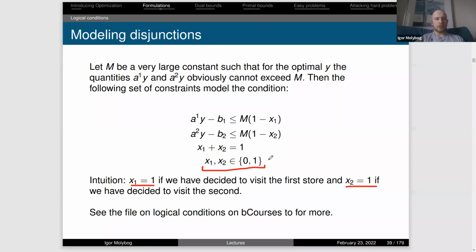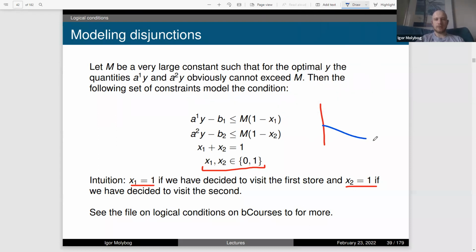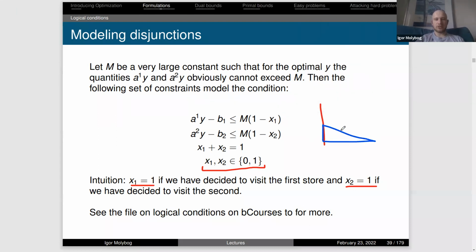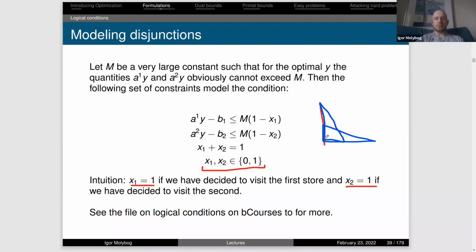And now you need to make sure that if x1 is equal to 1, then the first triangle is your budgetary constraint, and the second triangle is not in your budgetary constraint. And if x1 is equal to 0 and x2 is equal to 1, then the second triangle is your budgetary constraint, and the first triangle does not affect your budgetary constraint.